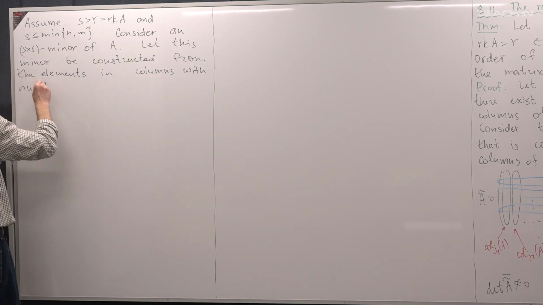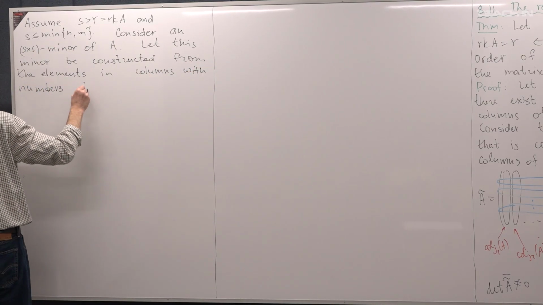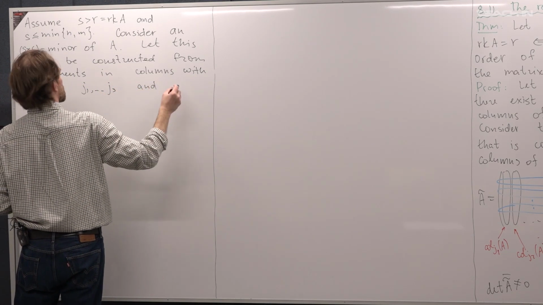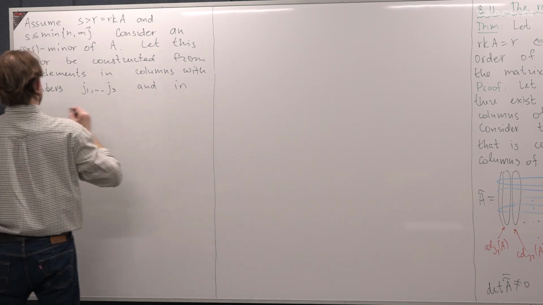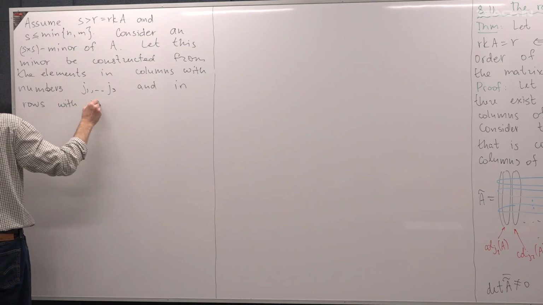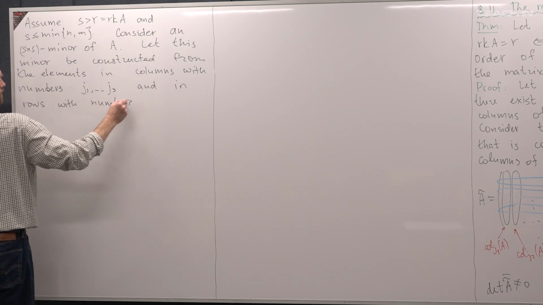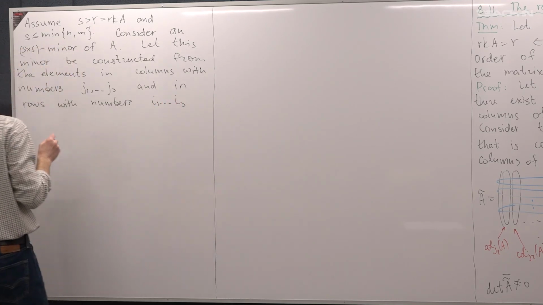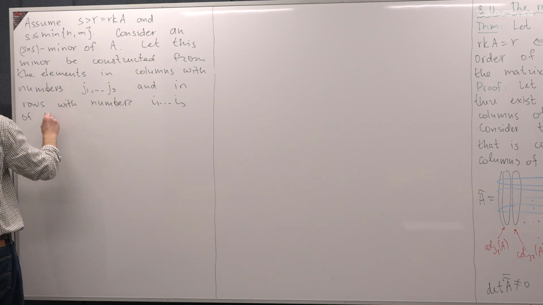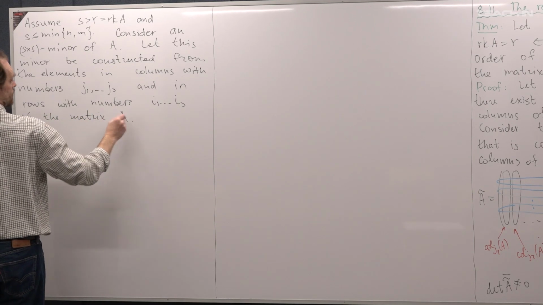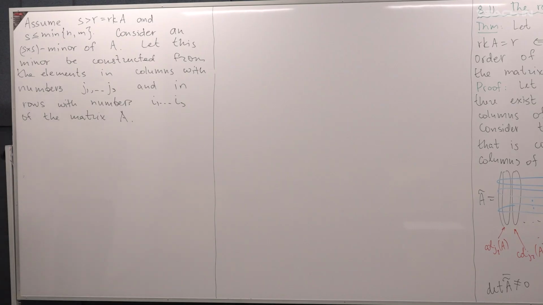So let this minor be constructed from the elements in columns with numbers j sub 1, etc., j sub s, and in rows with numbers I sub 1, etc., I sub S of the matrix A. So this means that all other columns and all other rows of this matrix are removed.